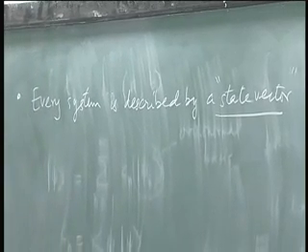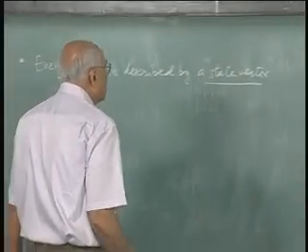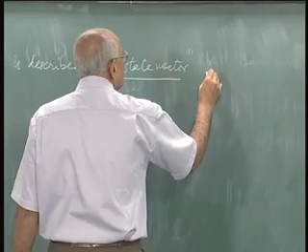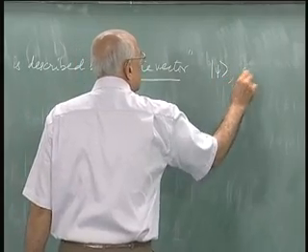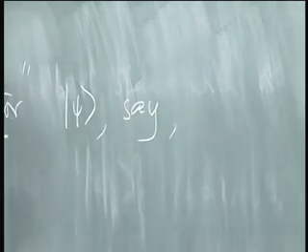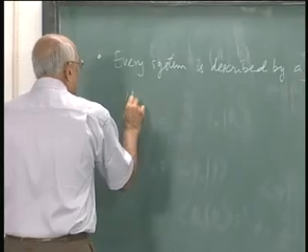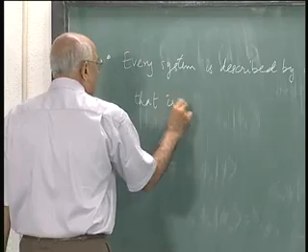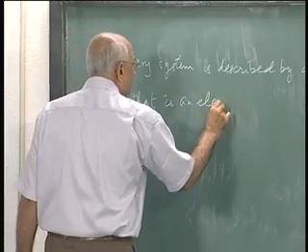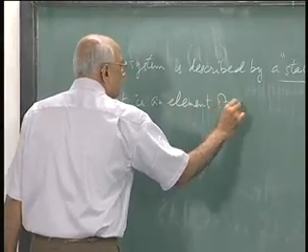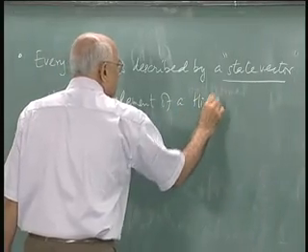In the same breath let me also say, we will see a little later that this is not the most general way of describing systems in quantum mechanics, but for the moment we start with this. Every system is described by a state vector psi, just for notation let me call it psi, that is an element of a Hilbert space.